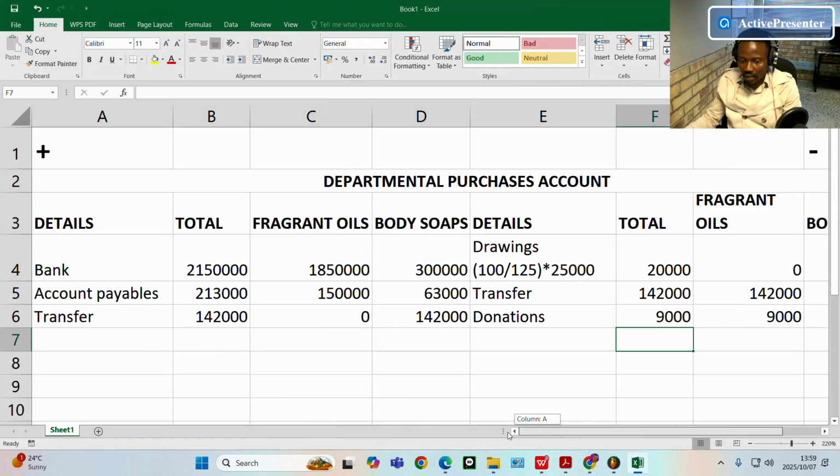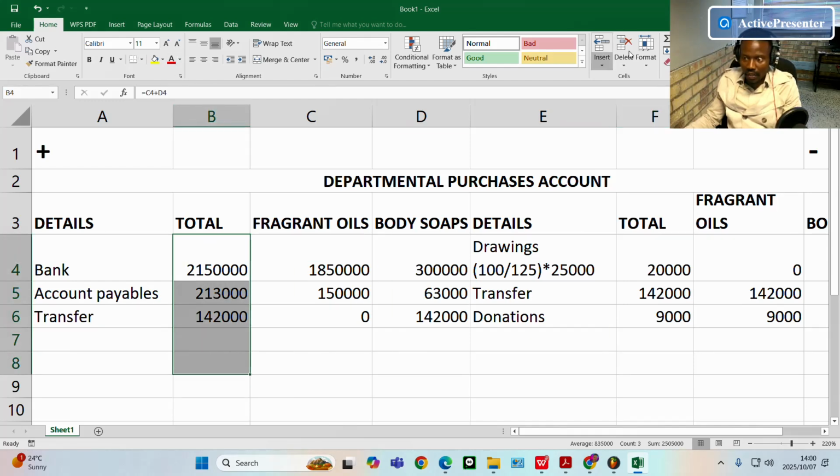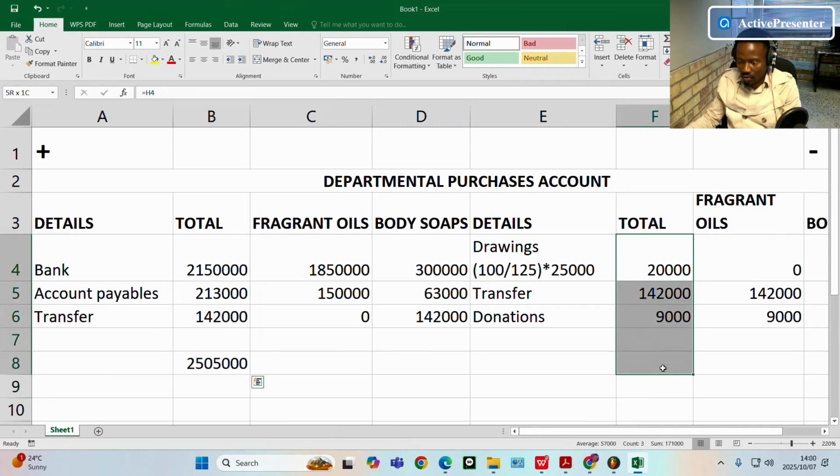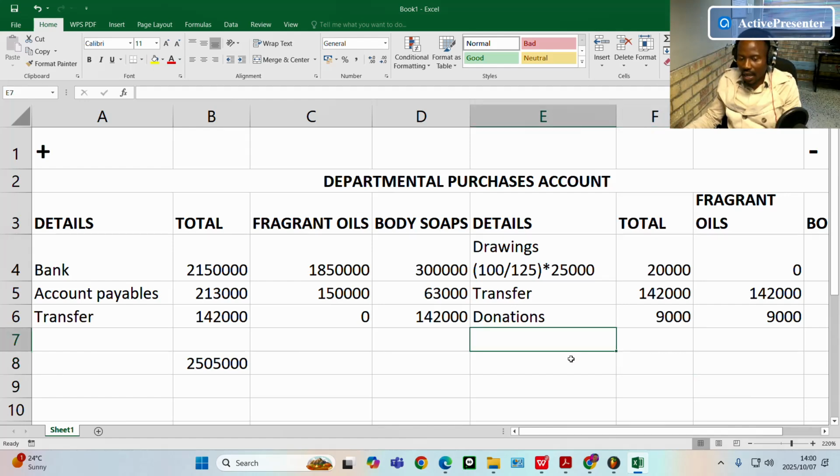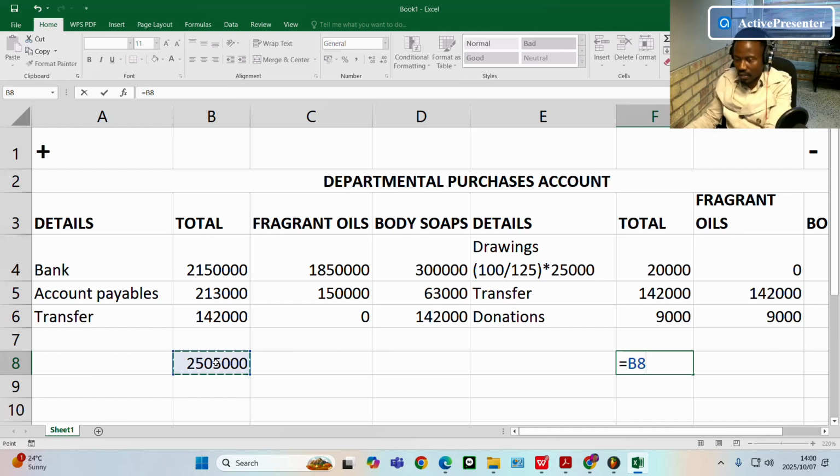Let's just check which side is bigger. This is my debit side, and this is my credit side. Obviously, the debit side is bigger, meaning we are going to balance this account. So we're going to put the total on both sides.